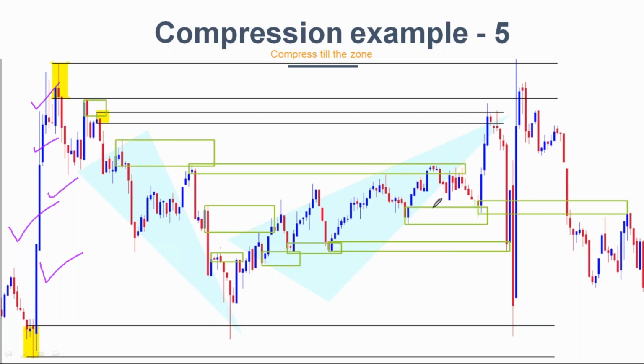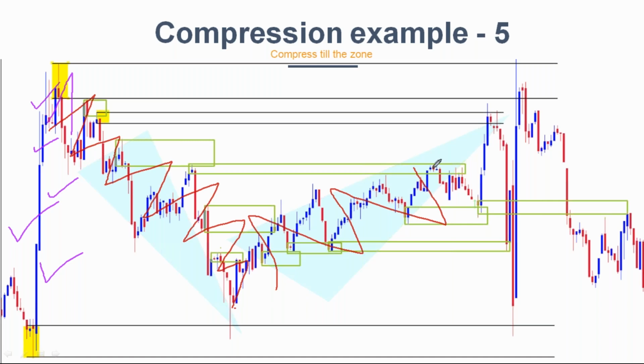And the beauty is, the departure was awesome. While coming back, I'll take a red color, it's not clear. While coming back, friends, this came like this roughly. Then what happened? This is a crazy scenario where even the departure was like this from that zone. So that is why it came down like this. Can you get that?